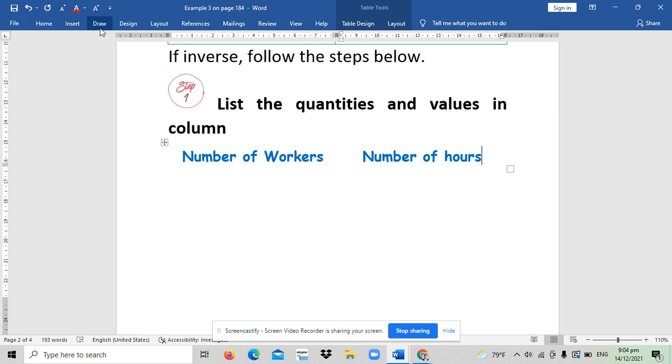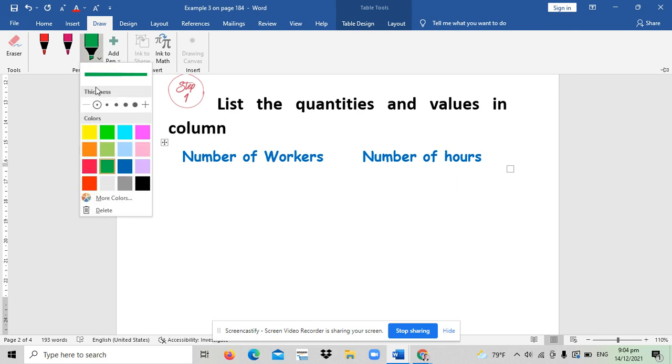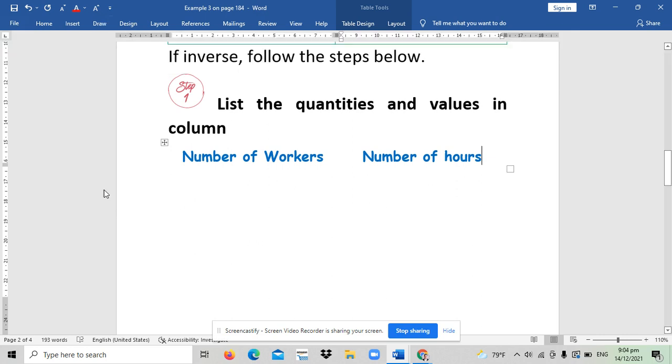Then we write the values. When there are three workers, it will take 6 hours to finish the job. And the question is, if there are two workers, how long can they finish the same job? That is unknown, so we will represent it with a question mark. That's our first step.